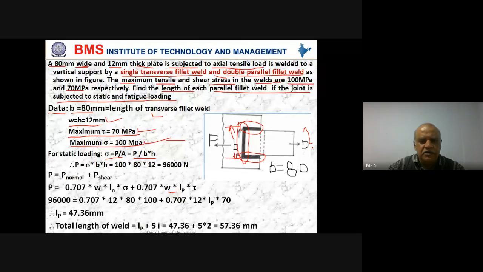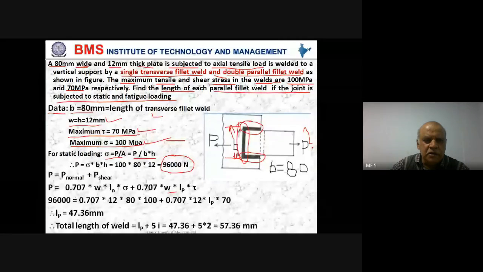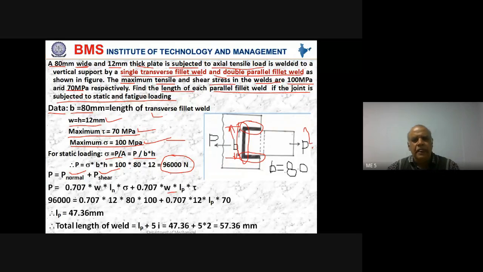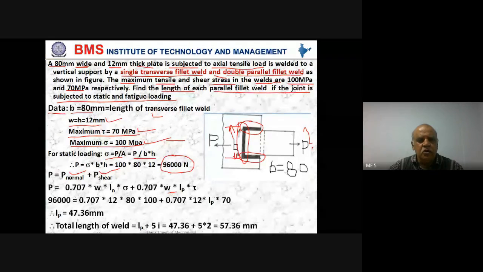So that will give us the total load shared by the welded joint. This total load will be equal to sum of normal load and shear load. Okay, that is load because of parallel fillet weld plus load because of transverse fillet weld.